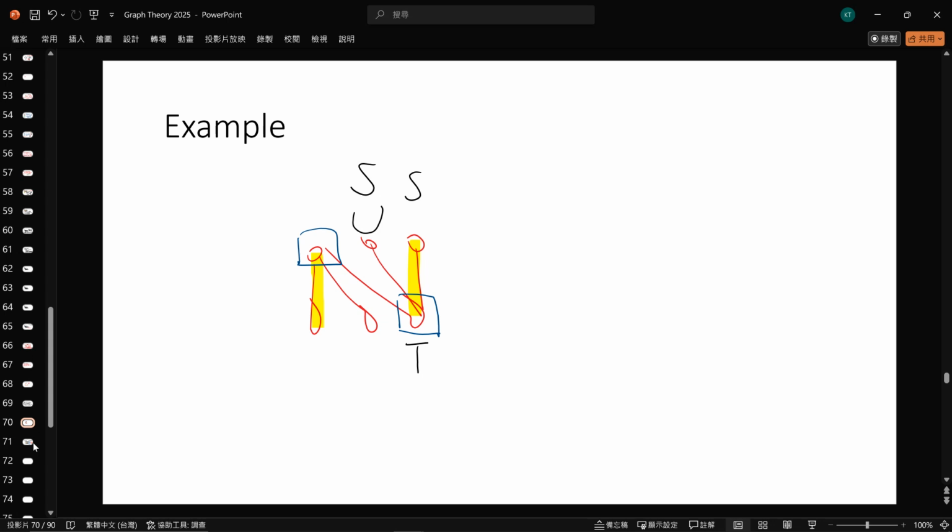So they are the same. But then we need to have a general proof to show that this holds for any graph.